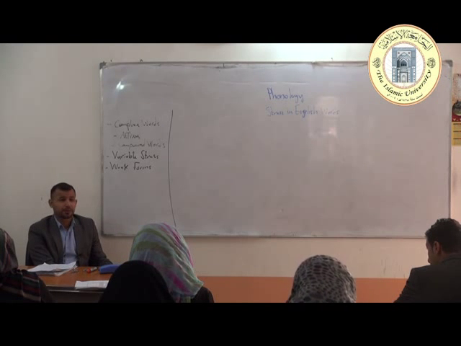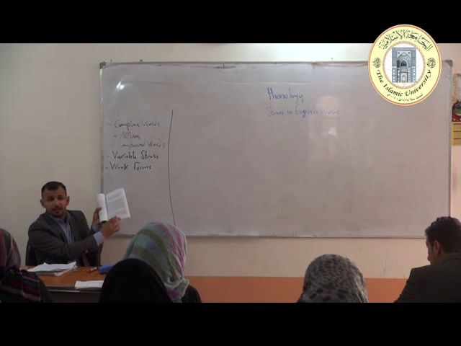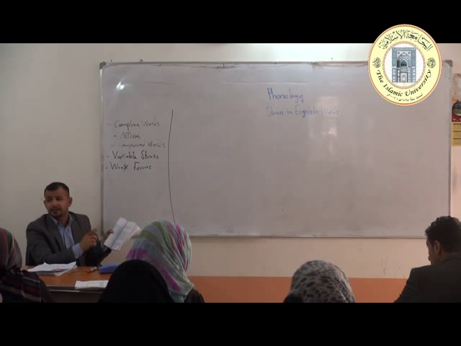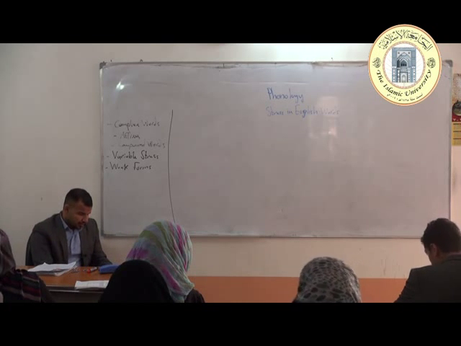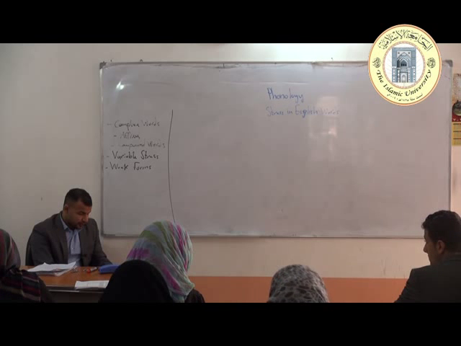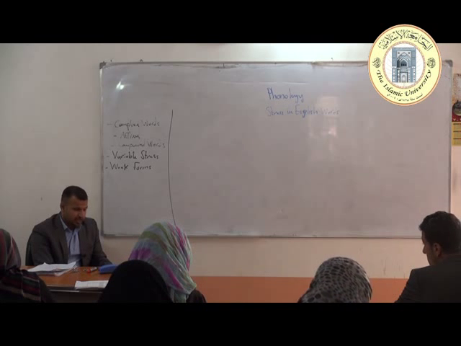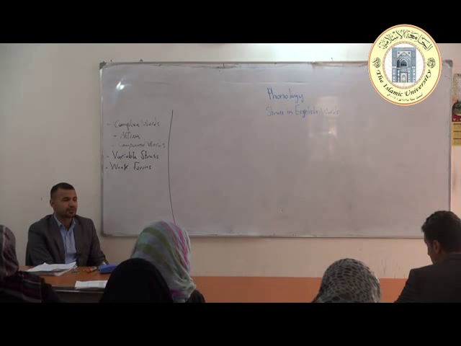Now, where should we put the primary stress? On eer, on the suffix, the second morpheme. We have Portuguese, Journalese, Japanese, and so on. You see, the primary stress is on the suffix.